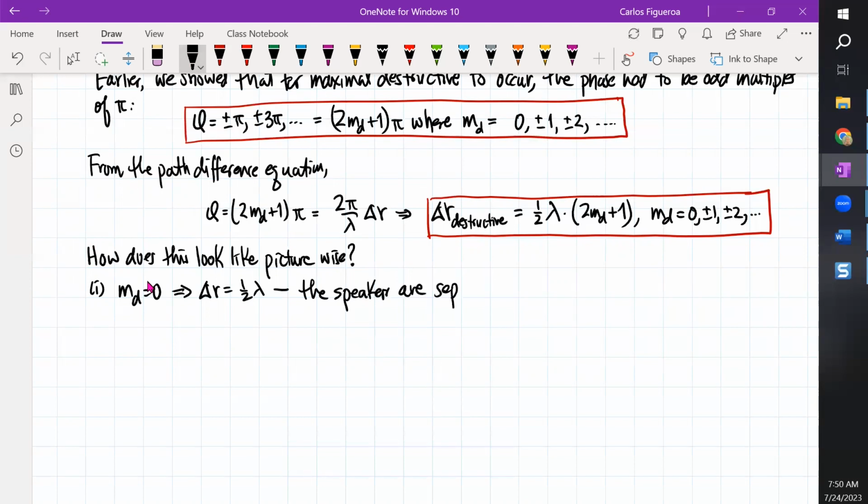So again, this tells us that the speakers are separated by 1/2 lambda. Let's draw them out. If I have this speaker here, and then this speaker here, that's probably a little too close, so let me move this just a tiny bit. Maybe about right there. Here's my speaker 1, and the farther one is 2.